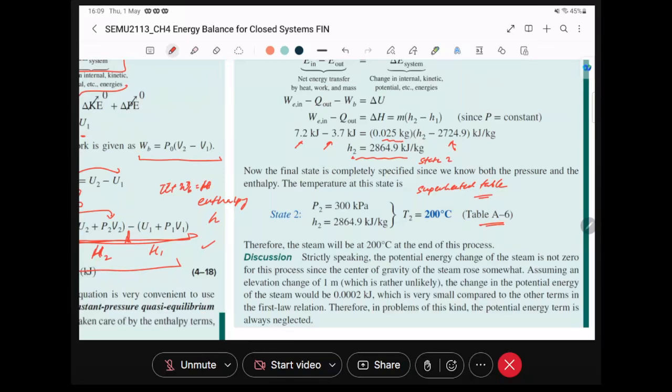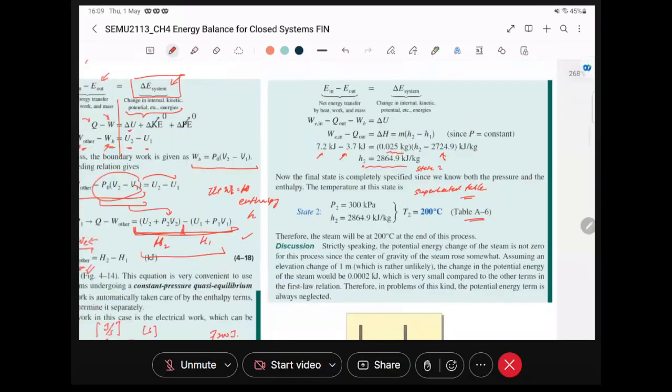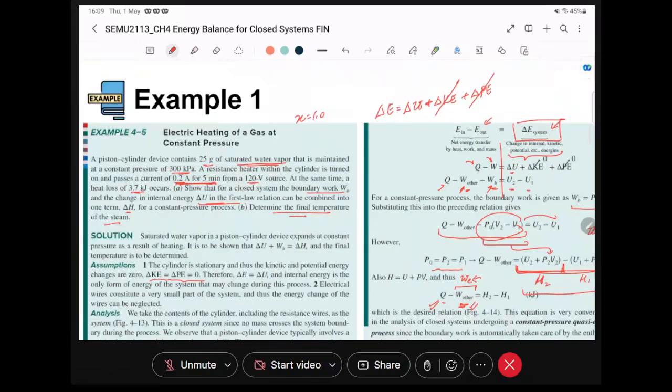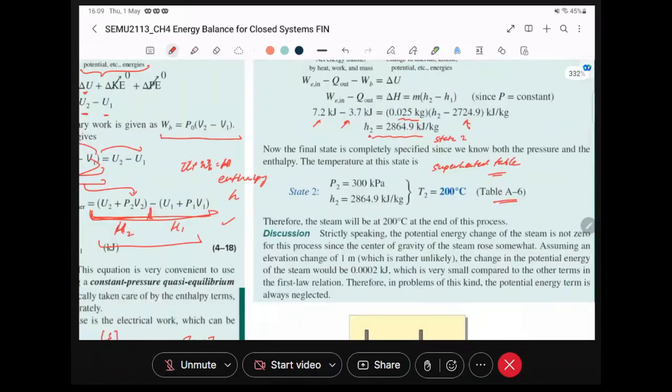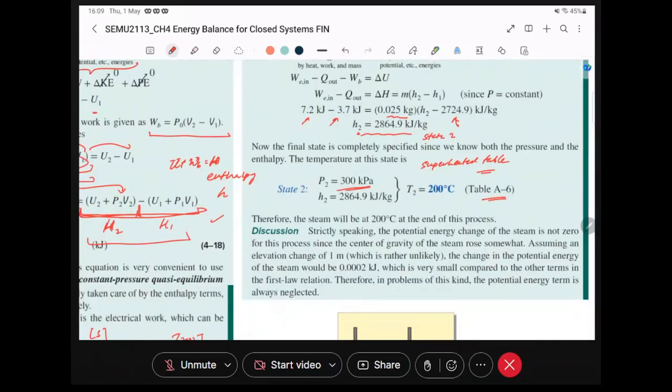This is a water problem, right? Yes, this is steam, saturated water vapor. So now it becomes superheated. So then you just have to look at the pressure, this pressure, and then find out for this enthalpy value, how much is the temperature.